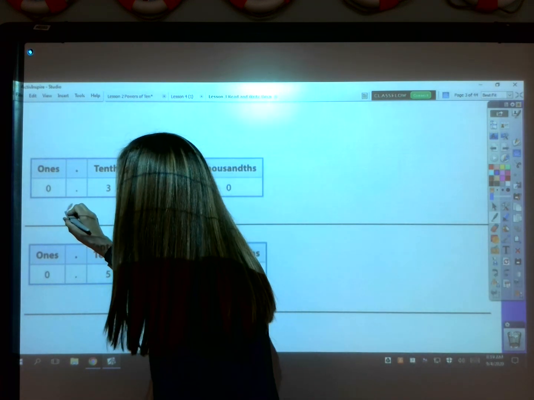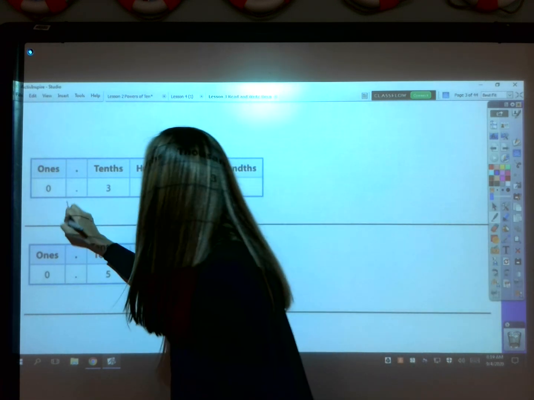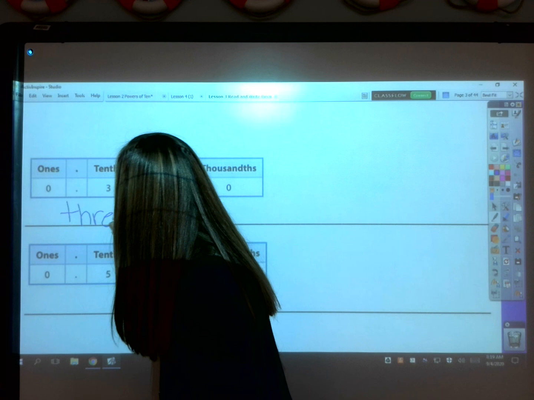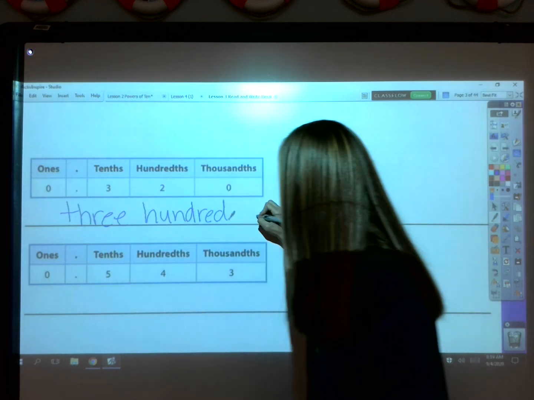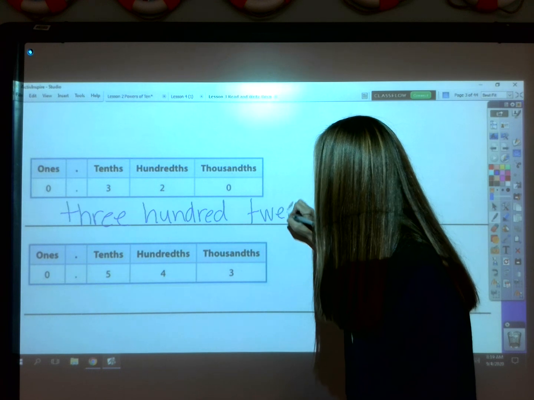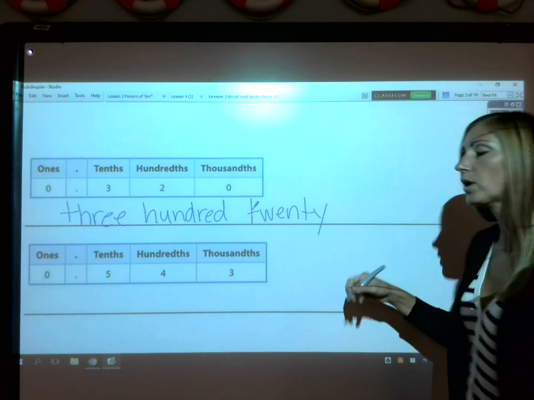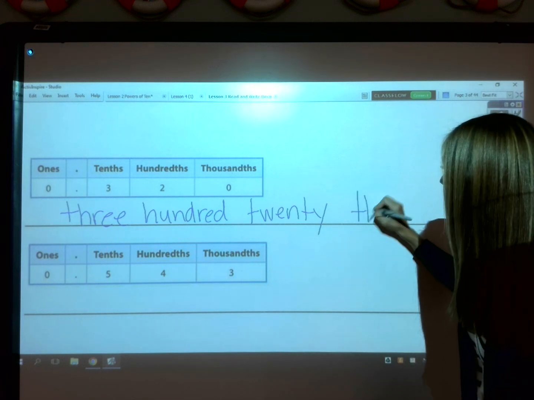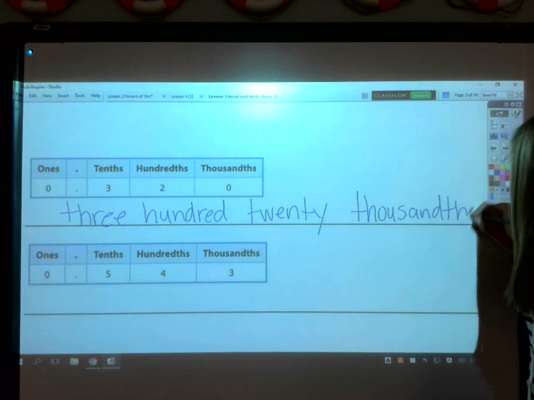So we have to write, your pen here, 320. And then because of what place value it ends in, we need to write thousandths. Okay?